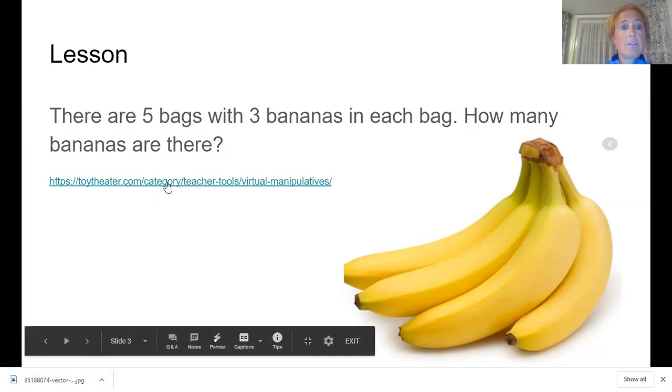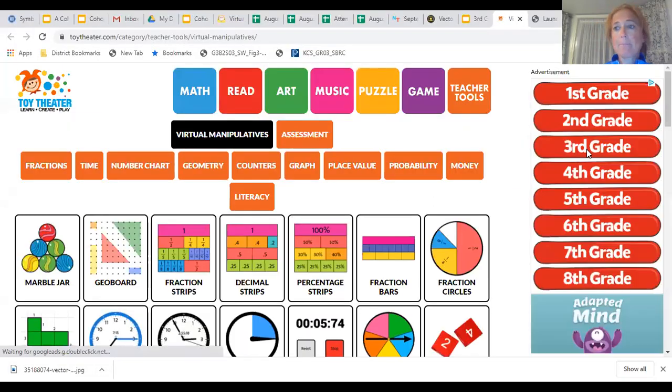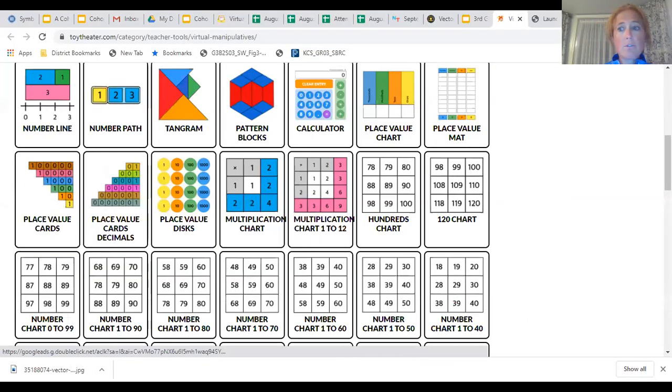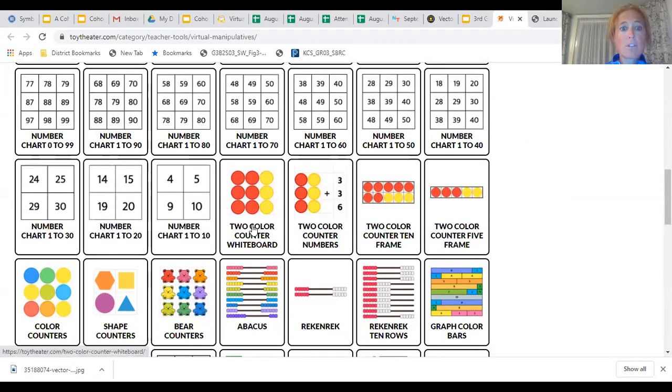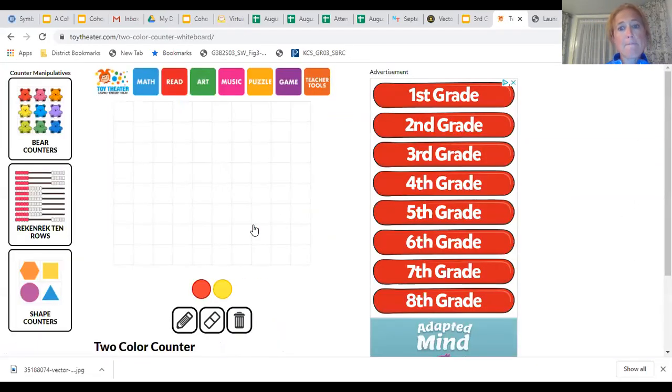All right, so let me go to my toolkit here. Today I'm going to use my counters to figure out this answer. Okay, so we said there were 5 groups, right, or 5 bags with 3 in each group. So I'm going to have my first group over here. So there's 3 bananas.